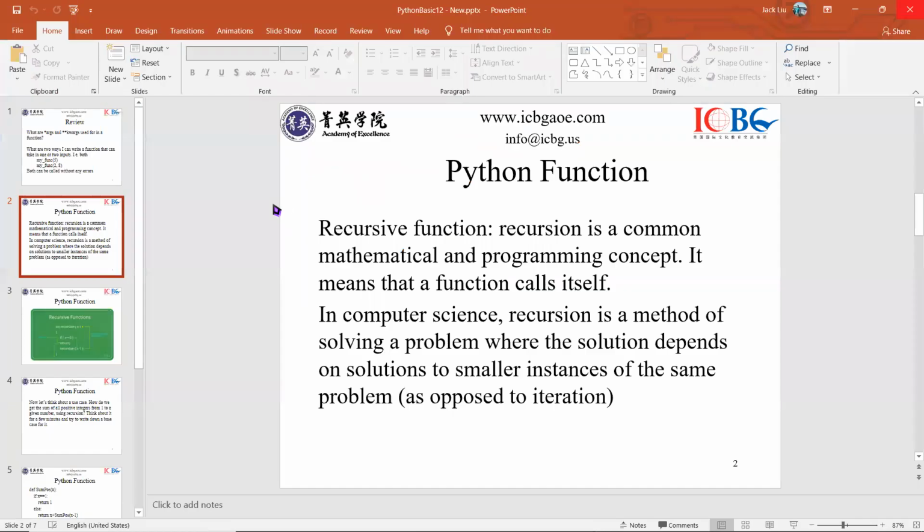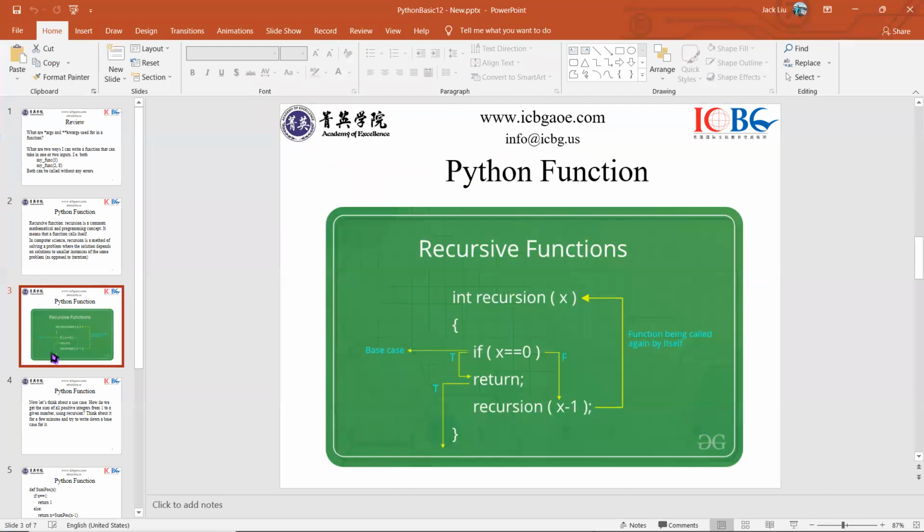So if we go back to the slides, we have kind of a picture of the structure of a recursive function. And this isn't exactly Python on here, but it's close enough. You can probably figure out what it's doing, even if we didn't learn this language specifically.